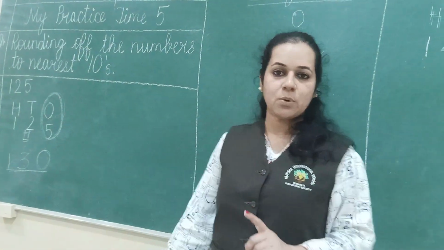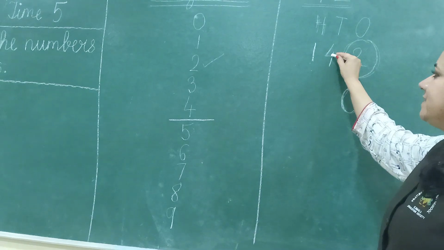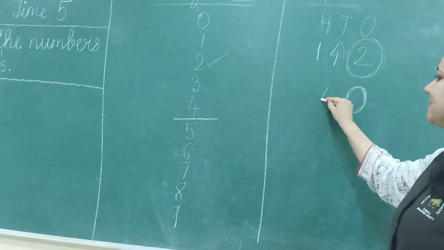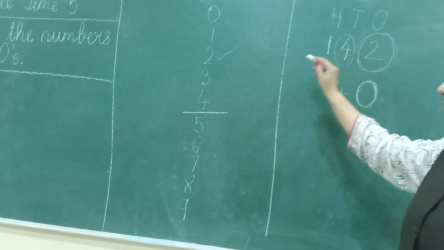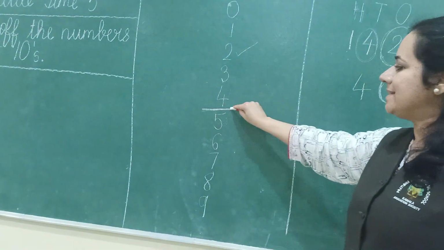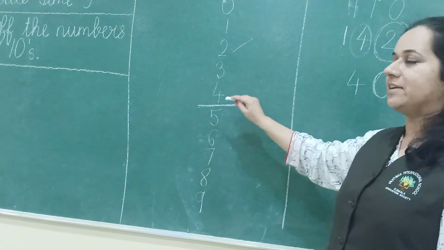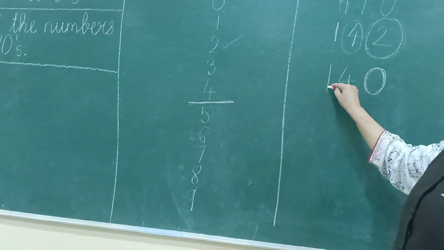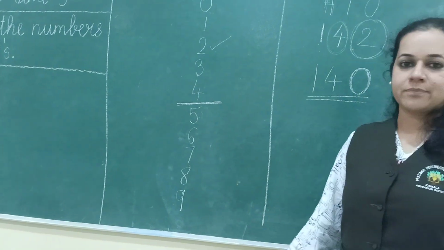In tens there is 1 0, so we will write 1 0 here, and this number will remain as it is. We will not add 1 here because 2 is less than 5. The hundreds 1 remains 1. The answer is 140.